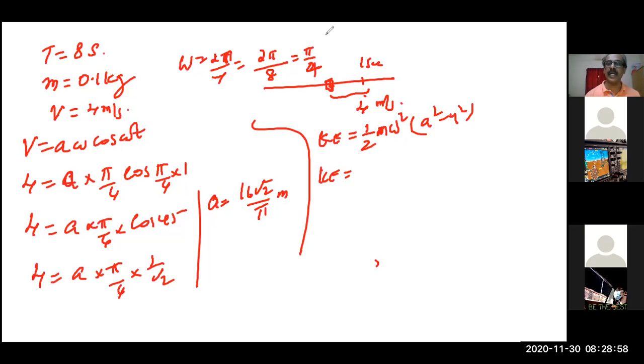Directly they're substituting half m v squared, because Y we don't know. So kinetic energy is equal to half into m 0.1.